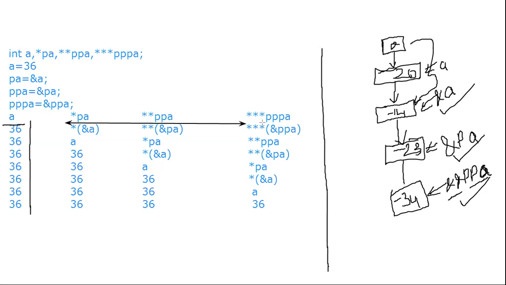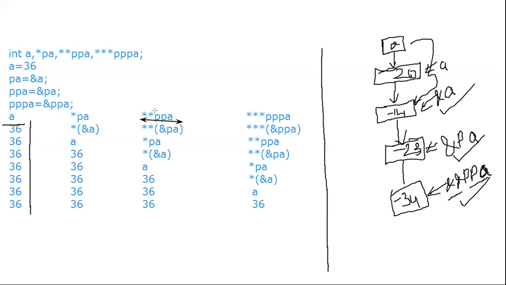Star PA, star of ampersand A. PA means we can store: PA is equal to ampersand A, that's why you can write star of ampersand A. Star of ampersand A means A. Next, star PPA means you can store in PPA the PA address.